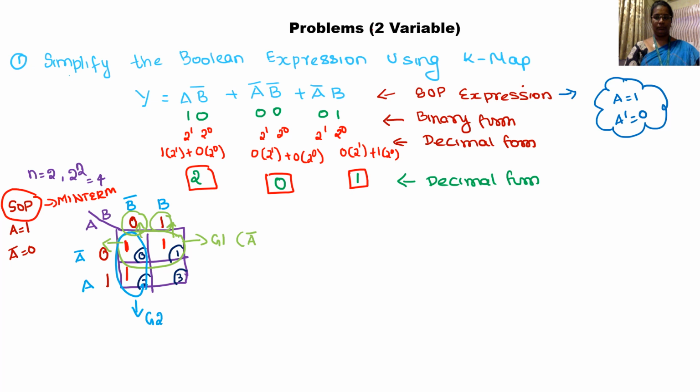In terms of variables, I see B and B complement, which are not the same, and in my binary numbers 0 and 1, which are different, so I do not find any expression further. So G1 is named as a complement.